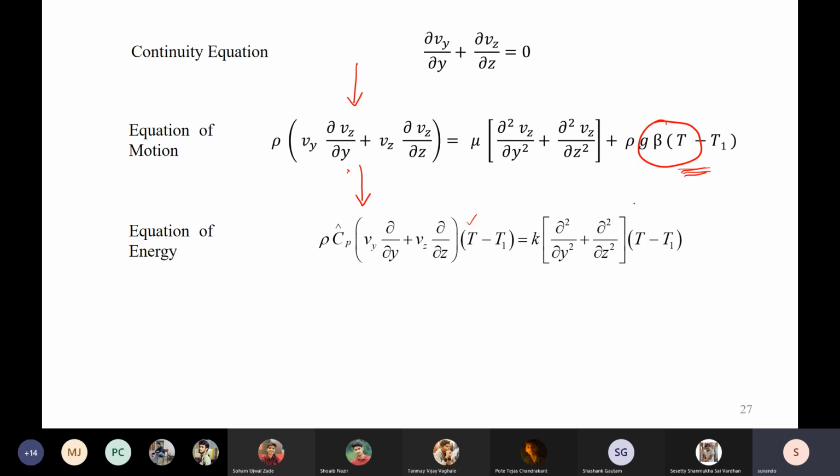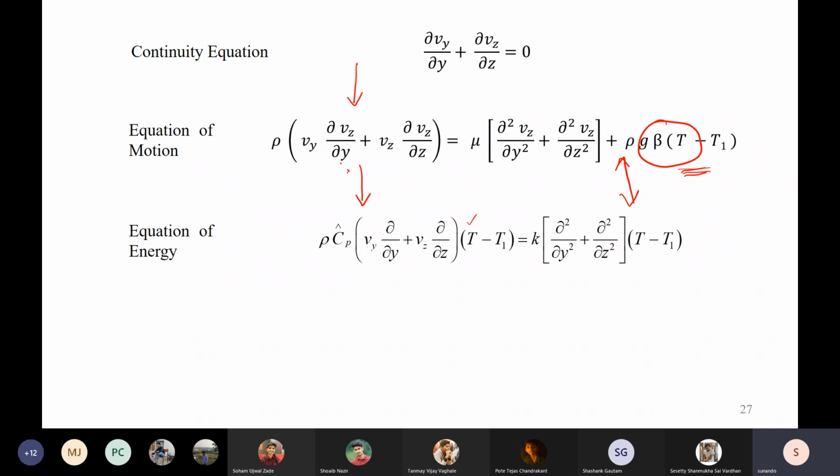This is the first time that you are exposed to a both-way coupling, because of the appearance of temperature in the equation of motion. So you cannot solve Vy or Vz independently because the temperature term appears over here, which means that because of this two-way coupling, both equations will have to be solved simultaneously in order to obtain a comprehensive solution of temperature as well as velocity.